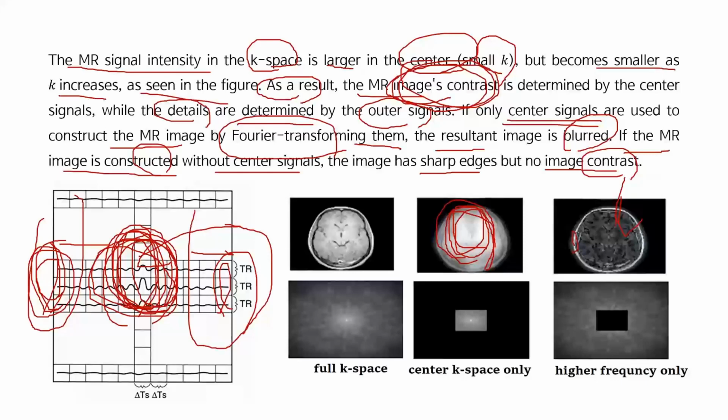The outer signal gives the details of the image, so we have a sharp image. But if you use the center signal only, then we have bright signal, but the details are not clear. The edge is not clear.